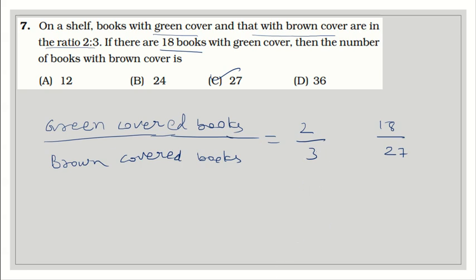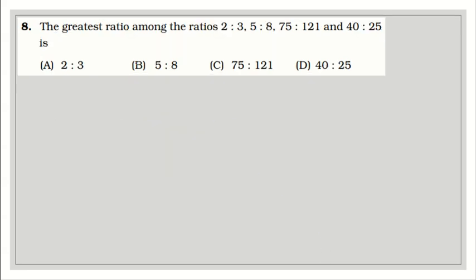Then moving on to question number 8. The greatest ratio among the ratios 2:3, 5:8, 75:121 and 40:25 is. See children, for this question, do you require separately calculating anything? Do you have any short way of identifying?